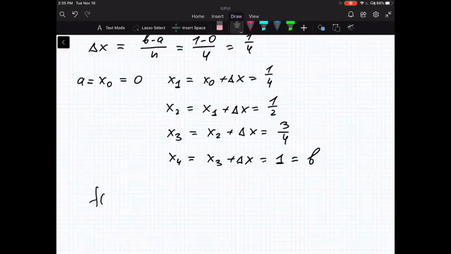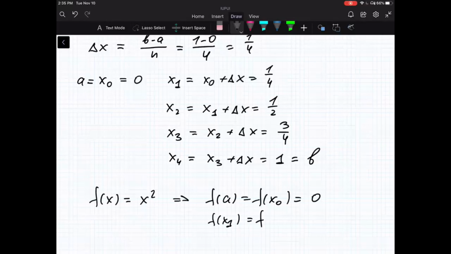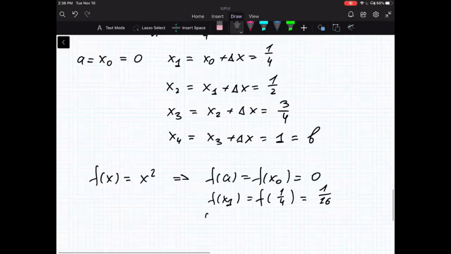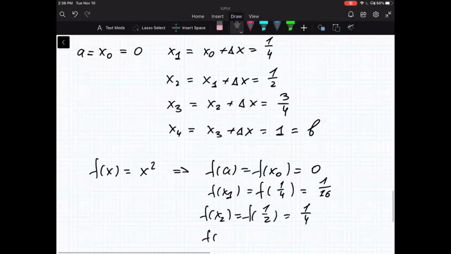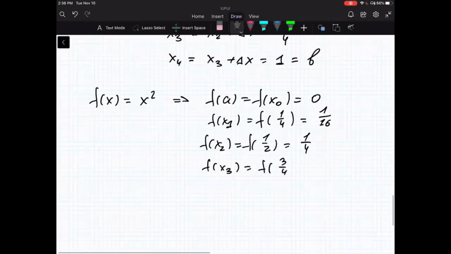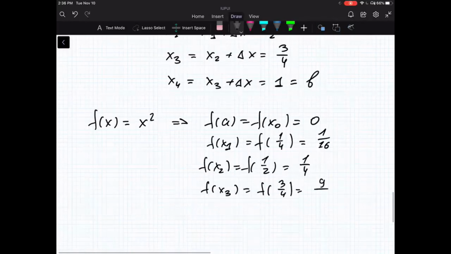So our function f of x is x squared, thus f of a, or f of x0, is equal to 0. f of x1, which is f of 1 over 4, is 1 over 16. f of x2, which is the same as f of 1/2, is 1 over 4, and f of x3, which is f of 3/4, will be 9 over 16.